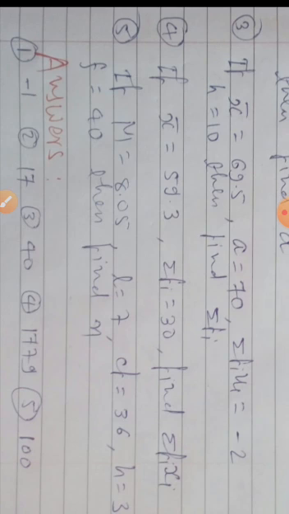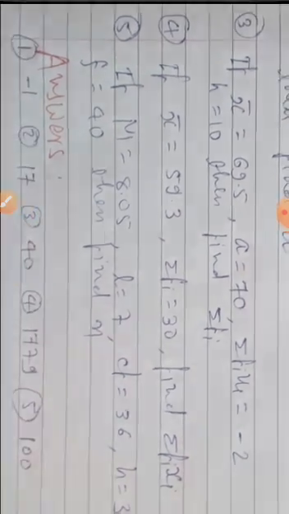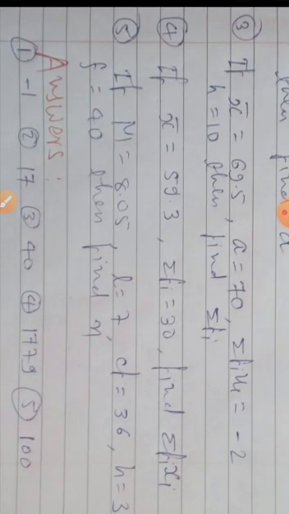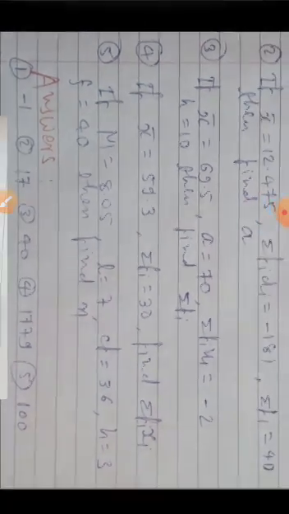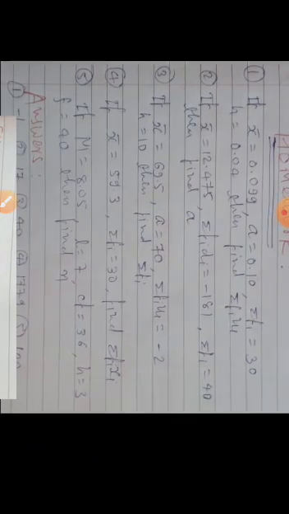Solve this sum from the first step only again, a second time. The answer to the first one is -1, second one is 17, third one is 40, fourth one 1779, and fifth one 100. Now either you take a screenshot of this homework with answers, otherwise you can note them down.